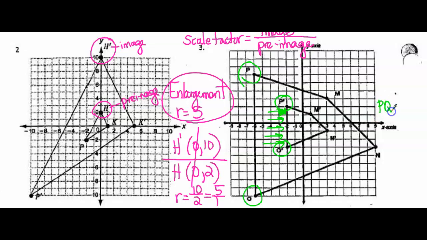So PQ distance is 5. And then I count the boxes over here. 1, 2, 3, 4, 5, 6, 7, 8, 9, 10, 11, 12, 13, 14, 15. PQ's distance is 15. 5 over 15 simplifies to 1/3, which means this image got smaller, which it did, and that is a reduction.